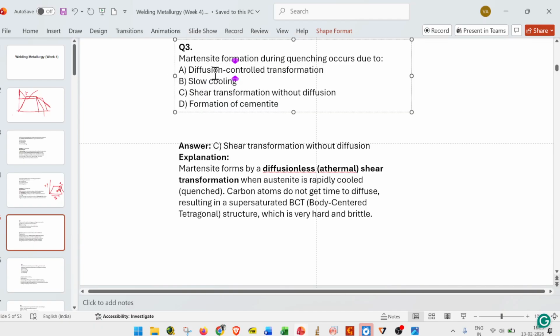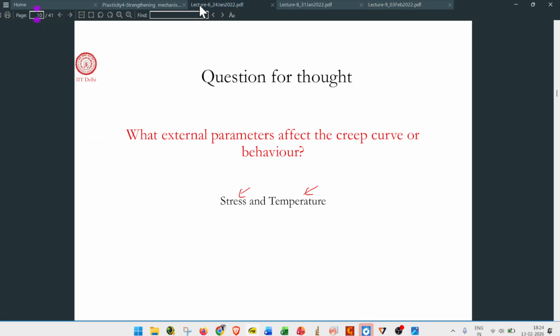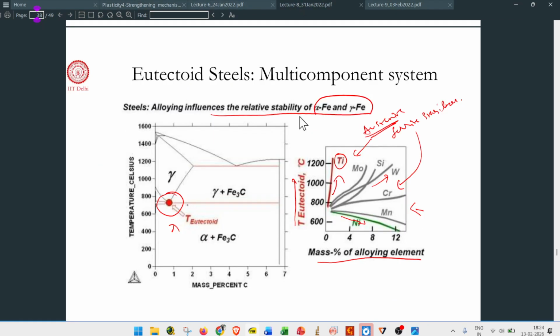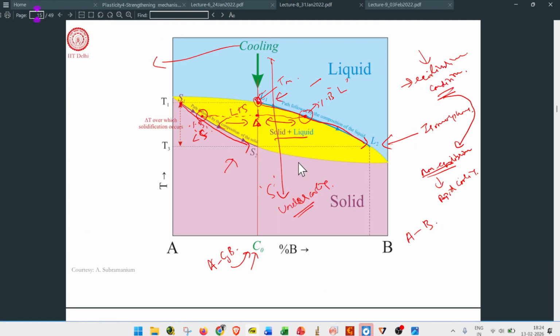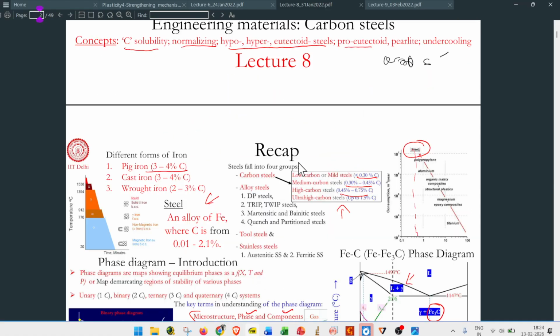Here the option is diffusion-controlled transformation. No, because diffusion-controlled transformations are normalizing and annealing. There we can control how the pearlitic phase forms.